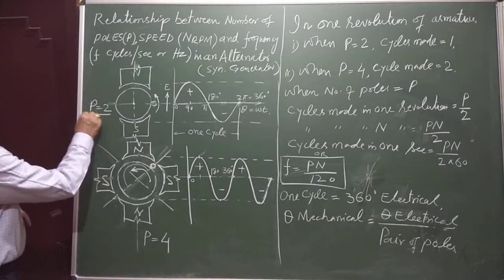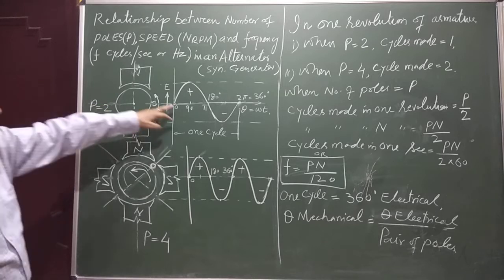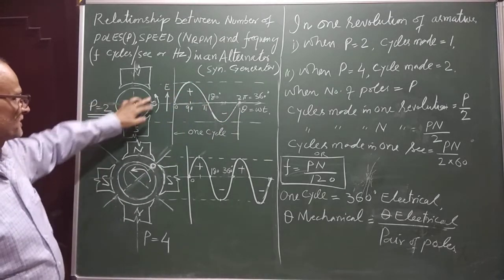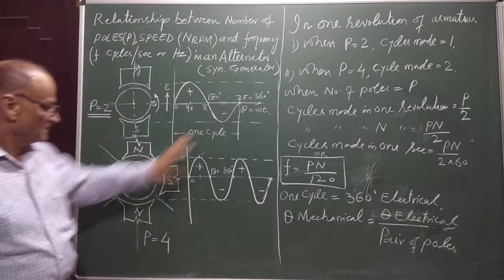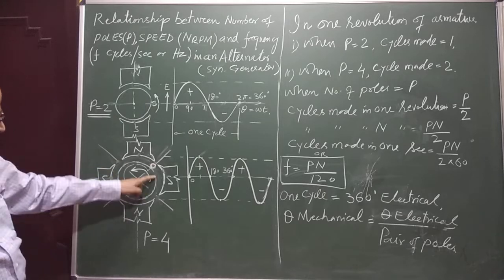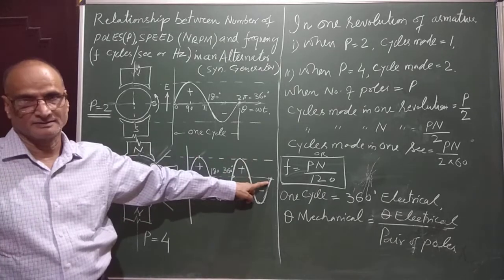If it is a 2-pole machine, in one revolution, one cycle is completed. In case of a 4-pole machine, in one revolution, 2 cycles are completed.